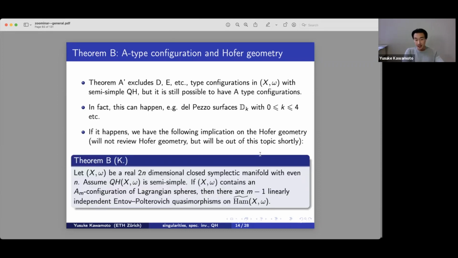Suppose once again you have a real 2n-dimensional closed symplectic manifold with even n, and your quantum cohomology is semi-simple. Let's assume that. Then if the symplectic manifold contains an A_m configuration of Lagrangian spheres, then you can find m-1 linearly independent Entov-Polterovich quasimorphisms on the universal cover of the group Ham. Okay.